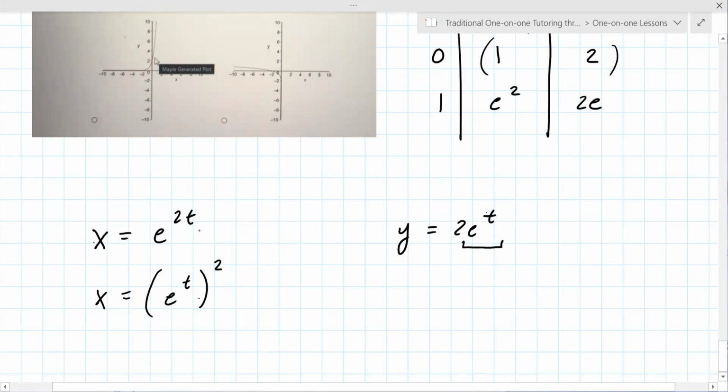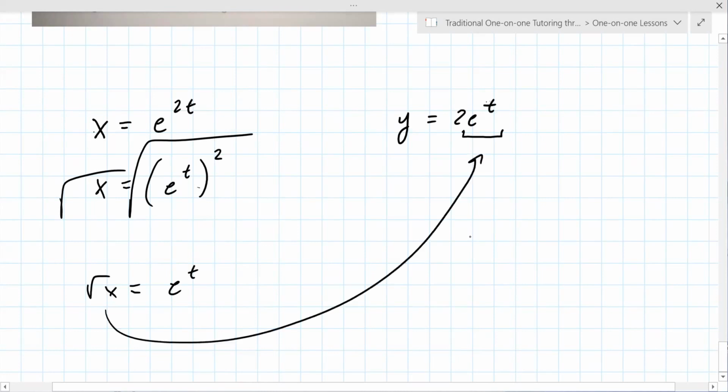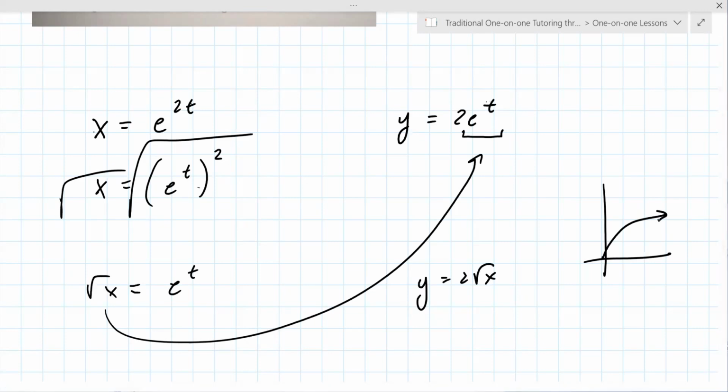I know generally you would solve for t, and that's what you'll probably do on a test, but I want you to see this, because if you take the square root of both sides, the square root of x equals e to the t. So y is 2 square root x, and you look at that graph and you're like, oh yeah, it looks like a square root. That's kind of your test prep approach.